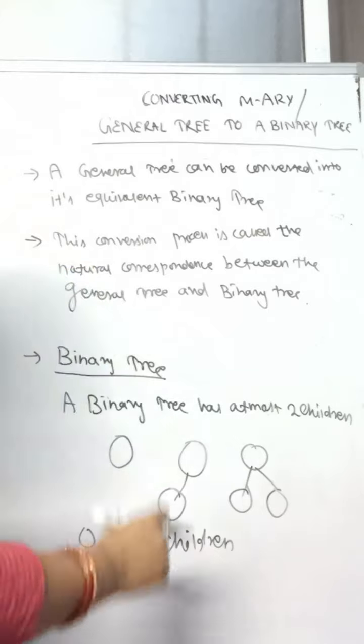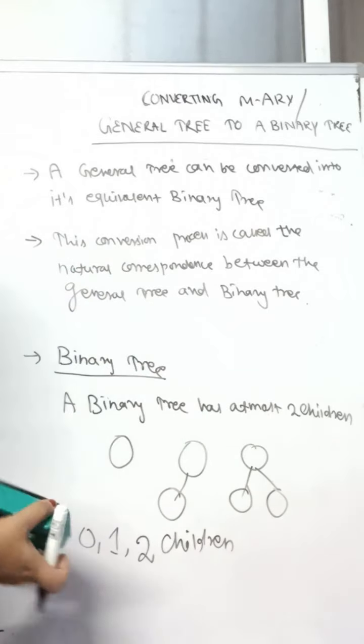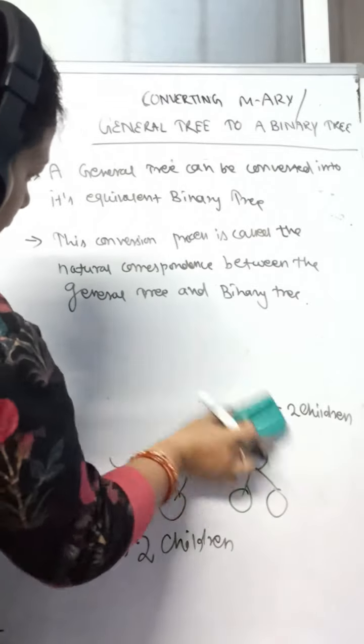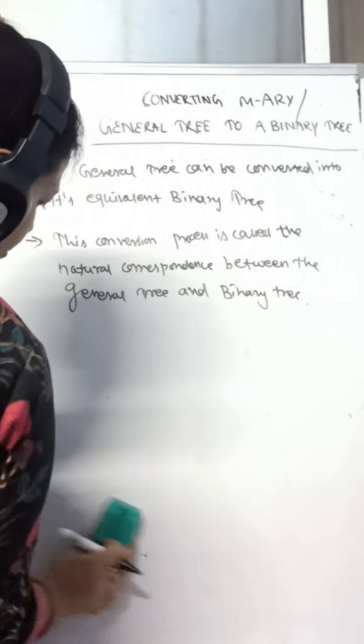So one general tree can be converted into an equivalent binary tree, and this process is called the natural correspondence between a general tree and a binary tree.